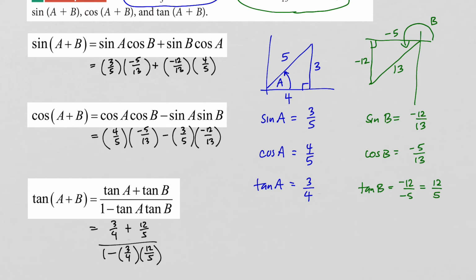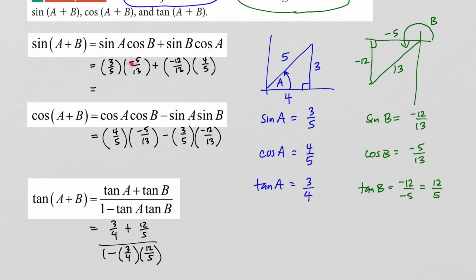Okay, so I have taken the liberty to substitute all the values you see over here into the respective spots in each one of these formulas. So you might want to pause here just to make sure that I've done all that correctly. Now to find the values, all we have to do is perform the multiplication here. So 3/5 times negative 5 over 13.